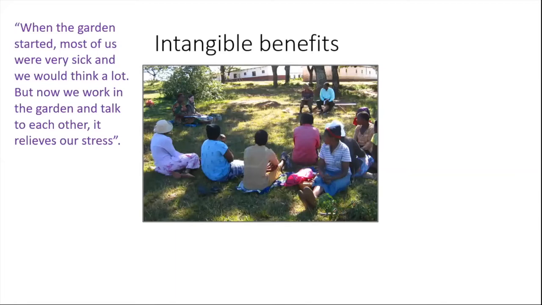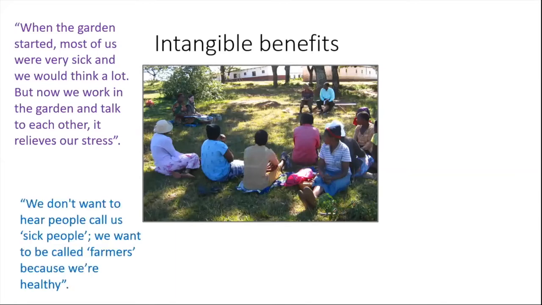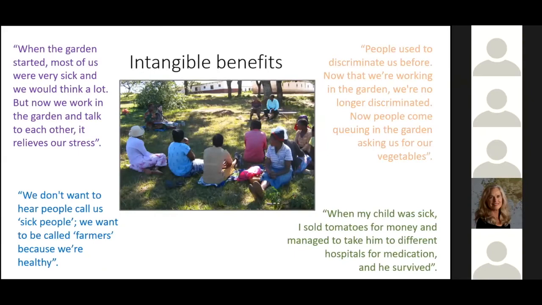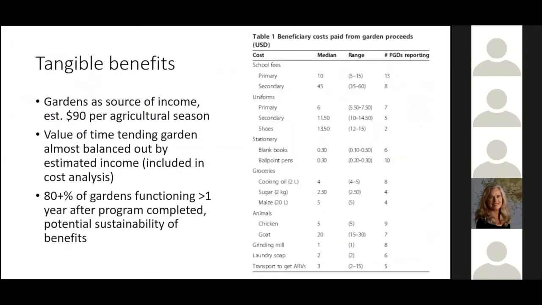This included reduced isolation and anxiety, increased strength, community cohesion and reduced stigma against people living with HIV, and they also cited tangible benefits in money earned in selling vegetables. The gardens were a source of income for households, and we included an estimate of the increased income as a negative cost in our analysis, and this was almost balanced out by the total value of participants' time spent tending the garden.